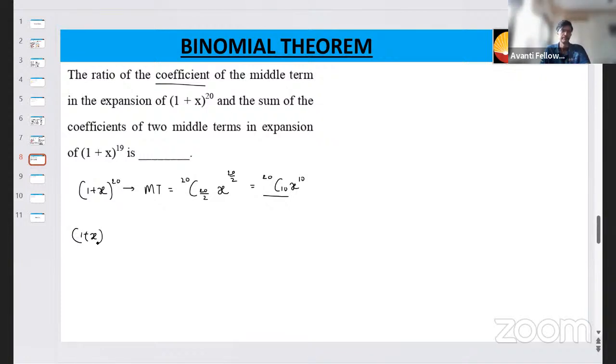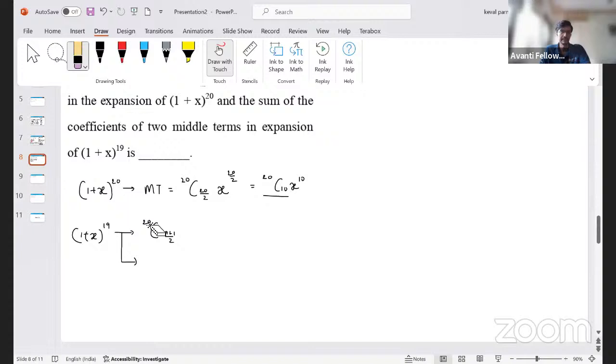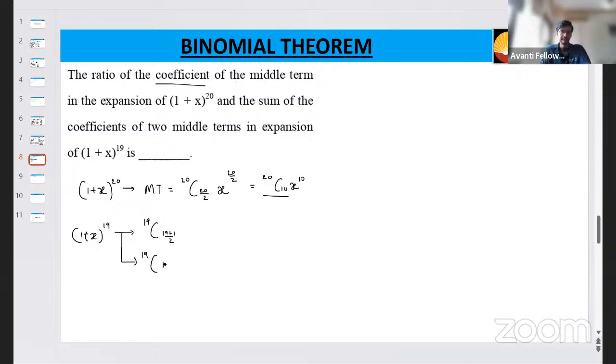1 plus x raised to the power 19 में will have two middle terms. One will be, if you know the formula, so 19 plus 1 by 2, सॉरी 19 आएगा ना, ये 20 कैसे होगा, and 19 minus 1 by 2.